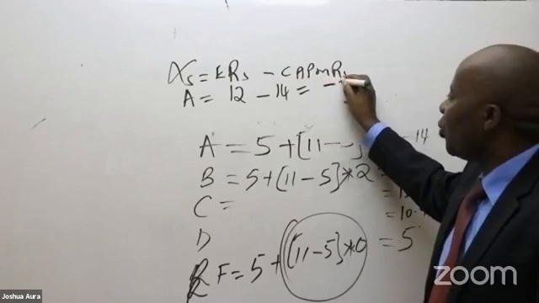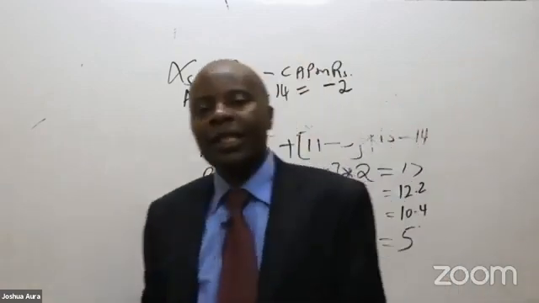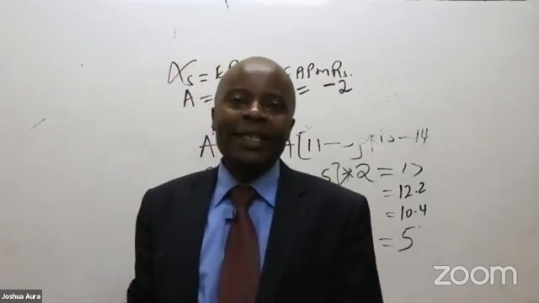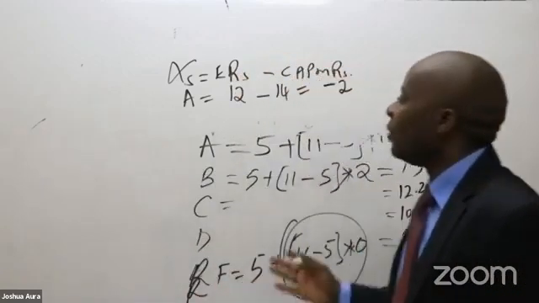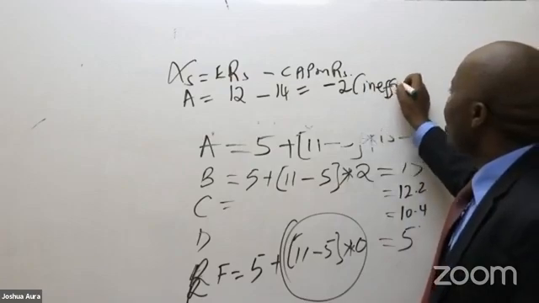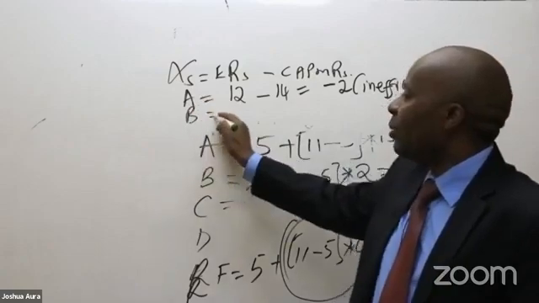That gives minus 2. This is a loss-making security. And we know that loss-making securities are referred to as inefficient securities. So it means that A is inefficient.